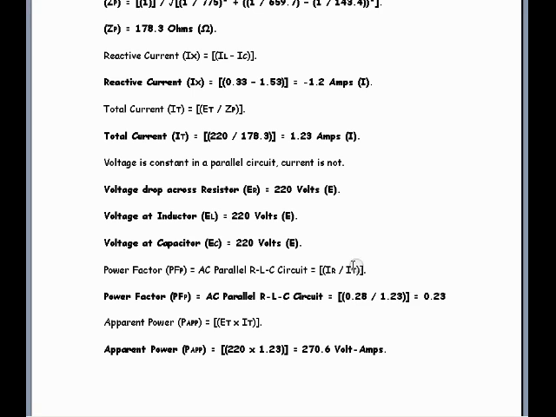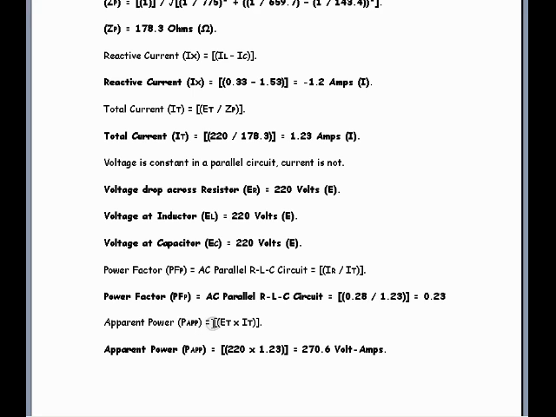You notice that is a ratio of current because the voltage is constant, whereas in the series AC RLC circuit, it is a ratio between voltage, because in the series circuit the current is constant. So you have to use what is not constant. So it's 0.28 amps divided by 1.23 amps, so we have a power factor of 0.23.